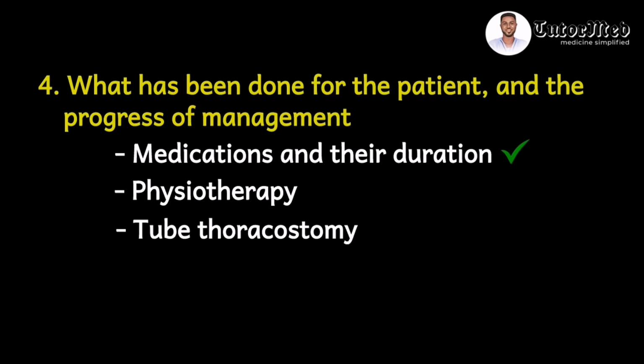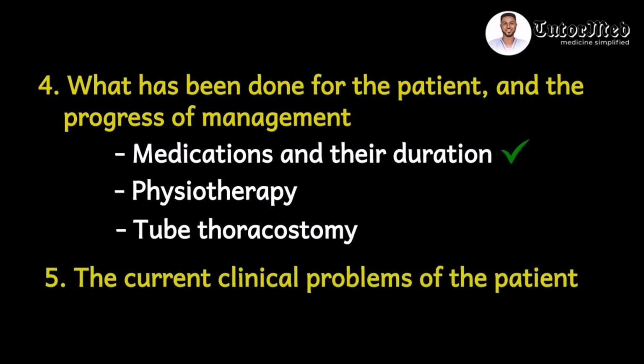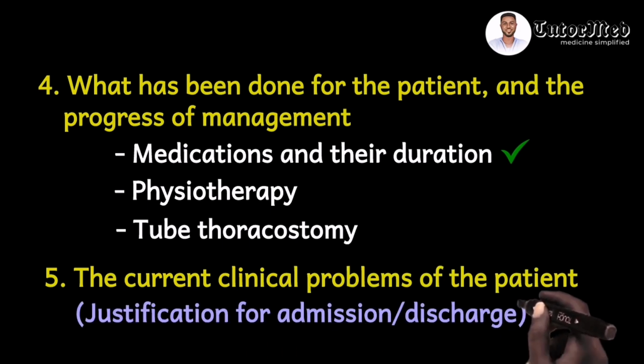After mentioning the management of the condition, then you come to tip number 5, or the next step. You tell the current state and clinical problems of the patient. Sometimes, for some superiors, we need to justify if the patient still needs admission or needs to be discharged.